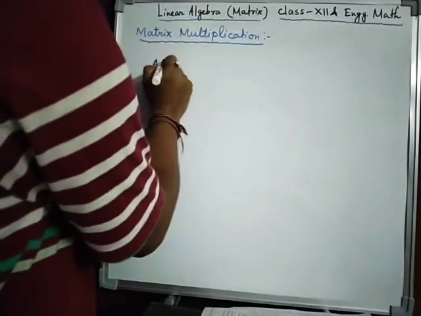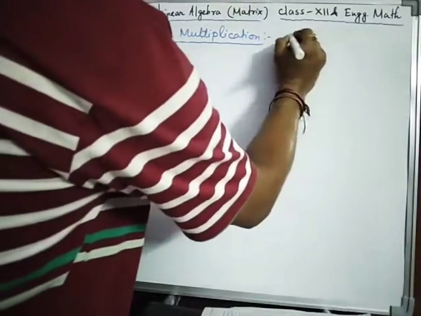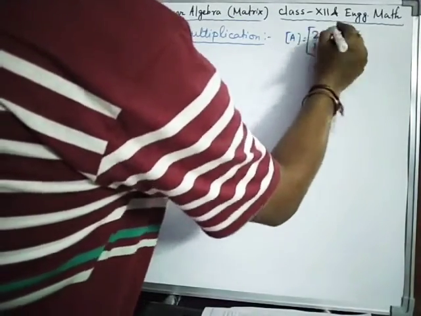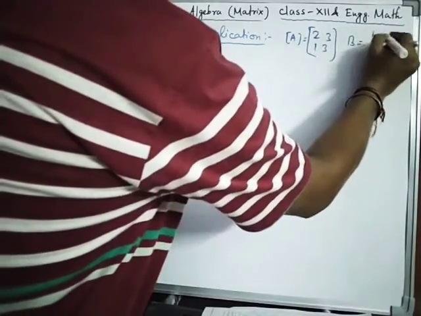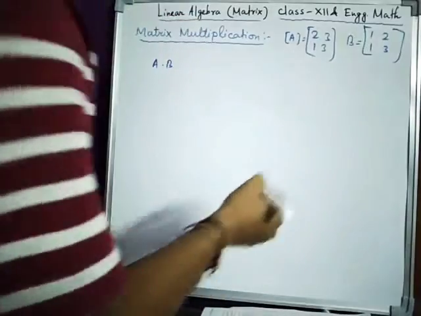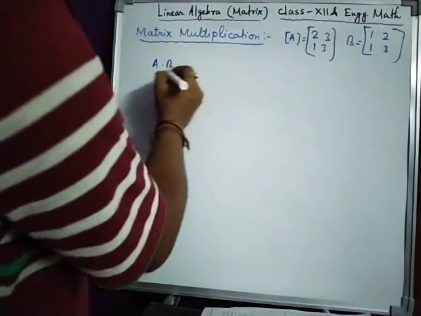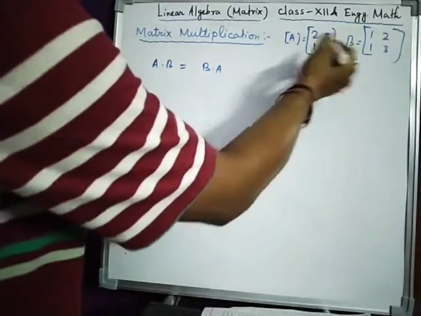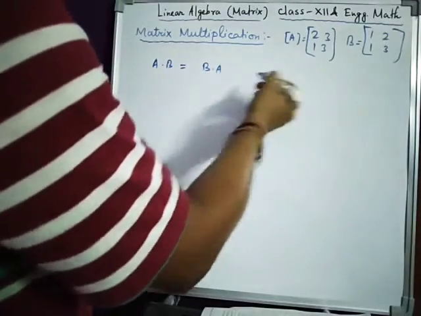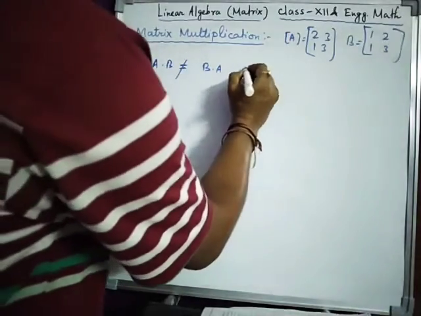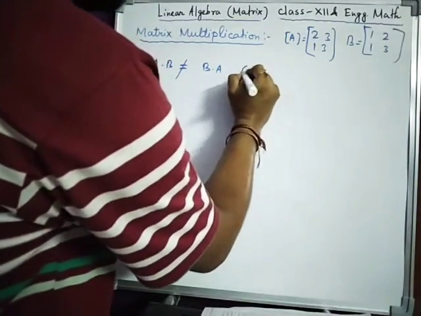If you do A into B, suppose two matrices are there, one matrix A equals 2 3 1 3, another matrix B equals 1 2 1 3. So A dot B and B dot A, if you do A dot B first and then B dot A, you can see that they are not equal, so the commutative property is not allowed.